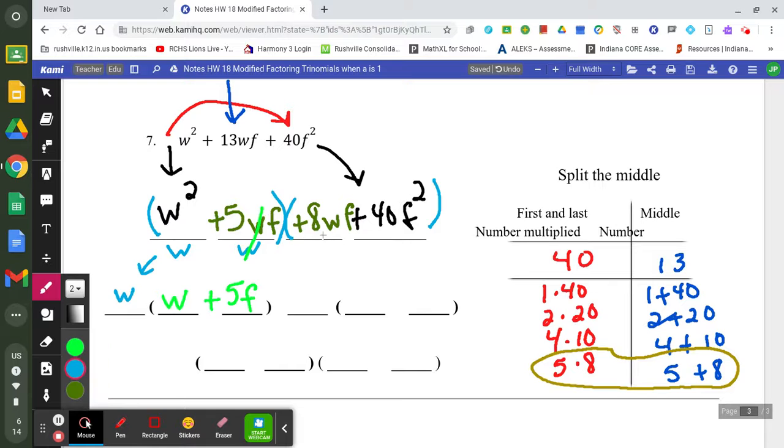And then my greatest common factor of 8WF and 40F squared is going to be plus 8F.